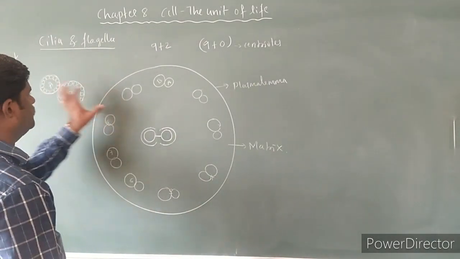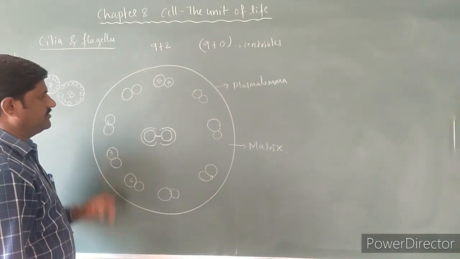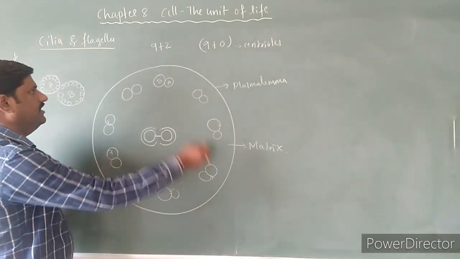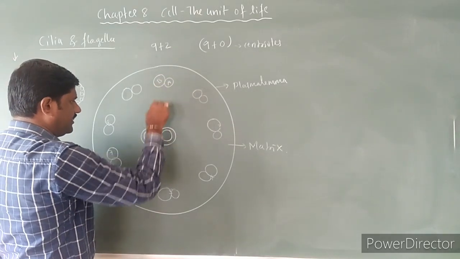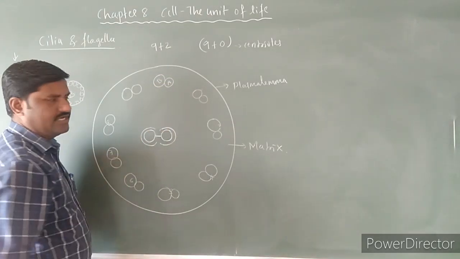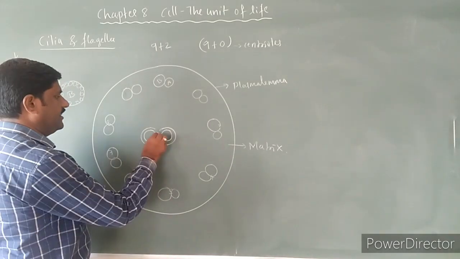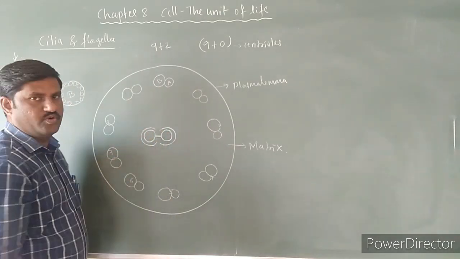Such kinds of doublets, 9 pairs, we come across, and all these 9 pairs of doublets are interconnected with the singlets located at the center with the help of radial spokes.